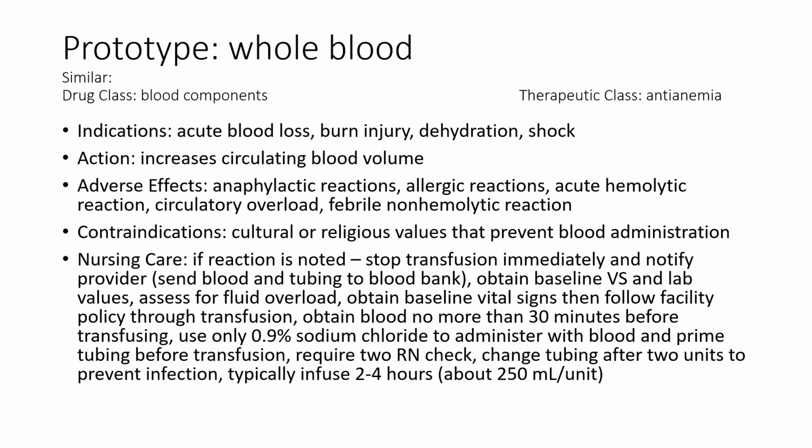You could have acute hemolytic reaction, meaning the patient has received the wrong blood type. So they were blood type A and they received blood type B. That's going to result in a massive hemolytic reaction, and the patient's going to be very, very ill. This is extremely uncommon. It happens in about 1 in 30,000 transfusions.